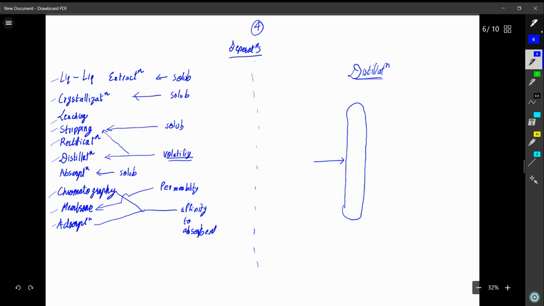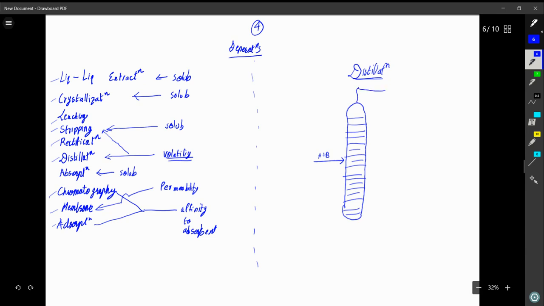Okay, so we take a mixture A plus B, which are different in volatility, and then you have trays. Many trays. Big distillation columns are of the order of 90 meters in length.